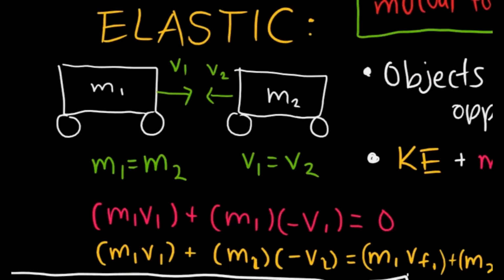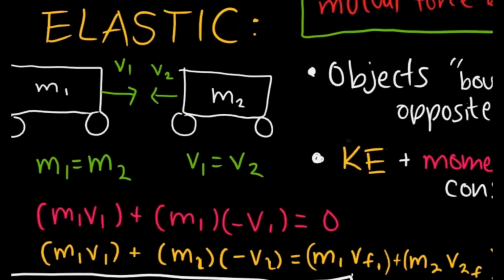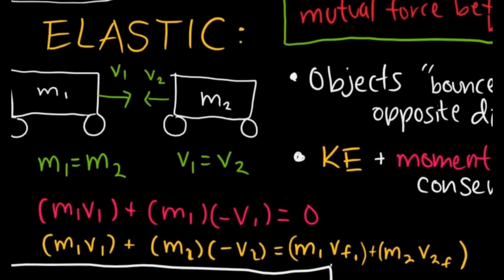Cart 1 has a velocity of v1, and cart 2 has a velocity of v2, and we can see that they're set equal to each other. So their total momentum initially will be 0. If we were to set up the total momentum equation of initial momentum equals final momentum, this is what it might look like.